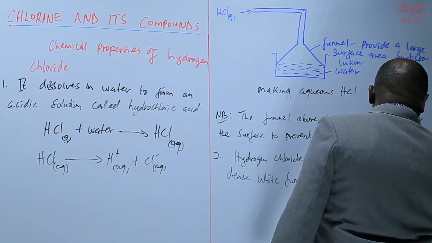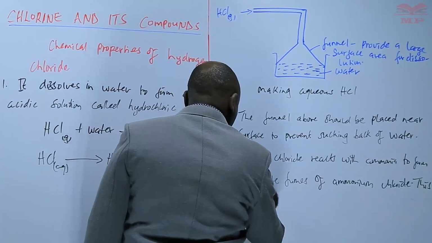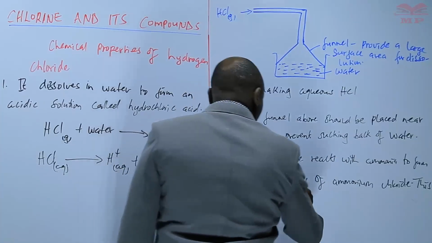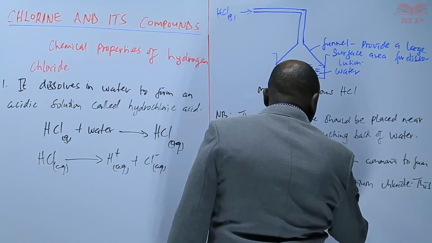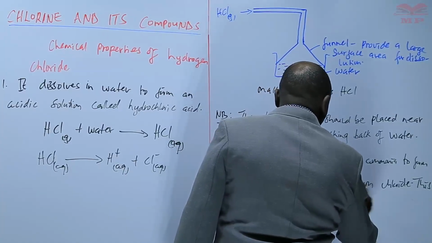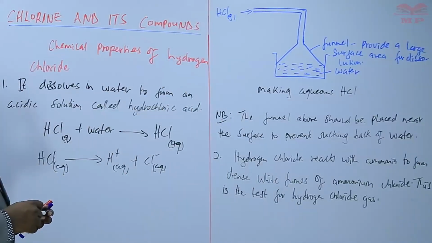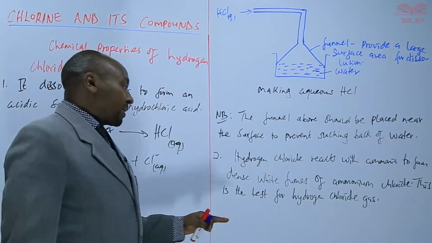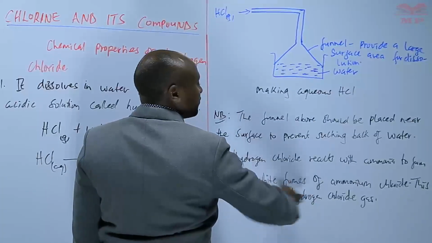And you can see that this is the test for hydrogen chloride. So to test for hydrogen chloride gas, you react the gas with ammonia, and where the two gases meet, they form some dense white fumes.